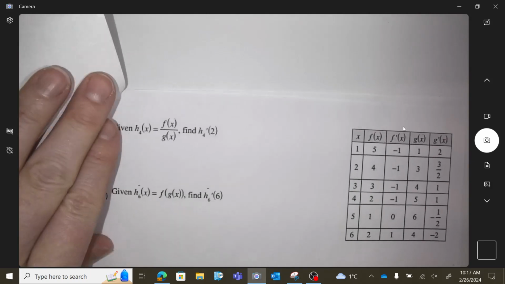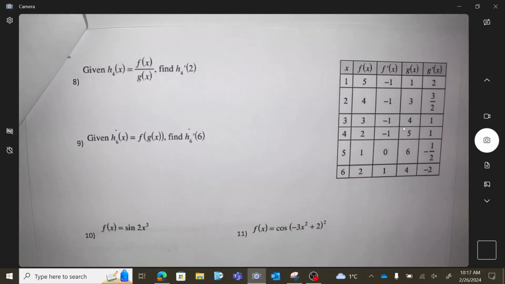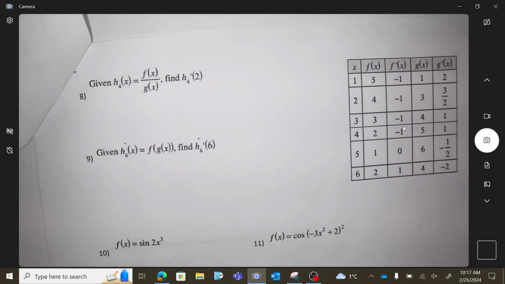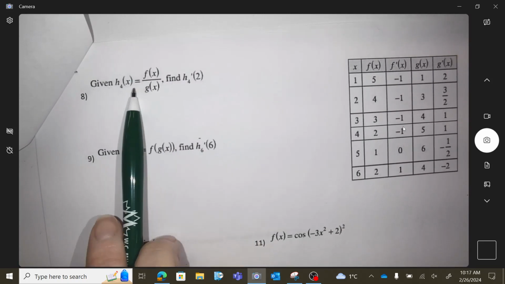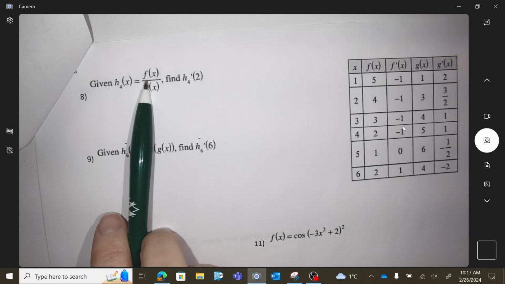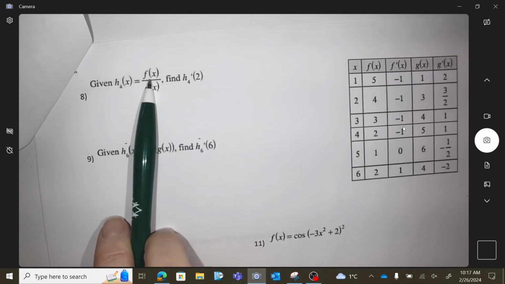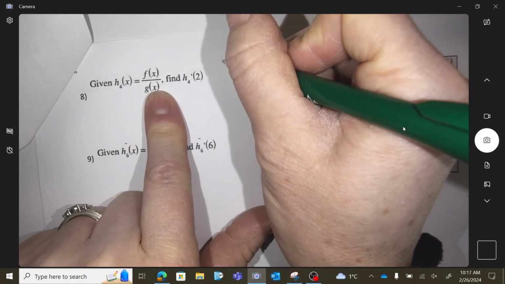Okay, reading a chart. There's 2 questions on the chart here. Okay, ready? We're going to do a quotient. So I'm going to write this out a little bit abbreviated.